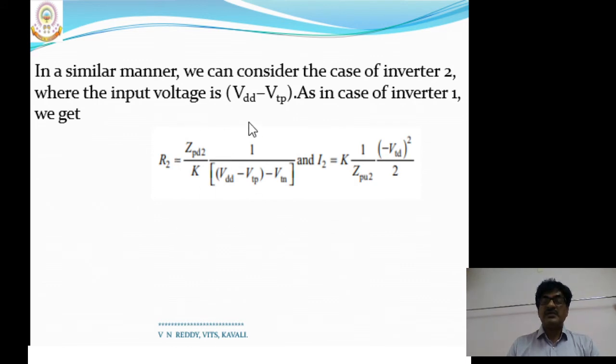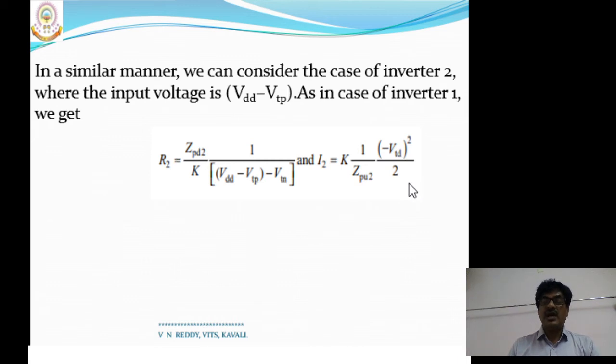With VDD minus VTP applied as an input, the pull-down transistor is again in the active region, so finally deriving the resistance value, R2 equals ZPD2 divided by K, similar to the R1 derivation, it is also 1 divided by (VDD minus VTP minus VTN), and I2 is derived like K into 1 by ZPU2 into (minus VTD) whole square divided by 2.